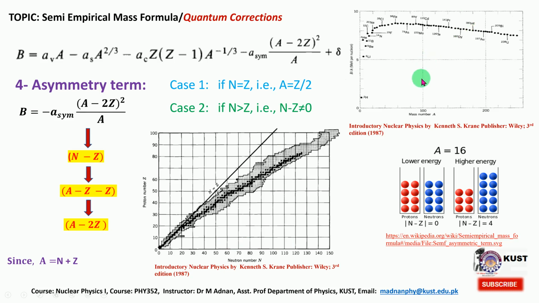The spacing of the energy levels, let's say we have one level, two levels, a one-dimensional figure, three levels, four levels, and then if there are more nucleons, they will occupy more levels, so the spacing between the levels decreases, as is the case with the atomic shells.